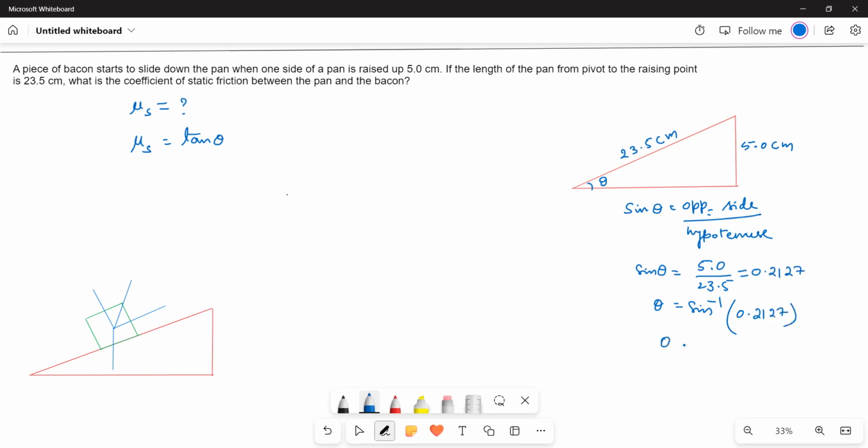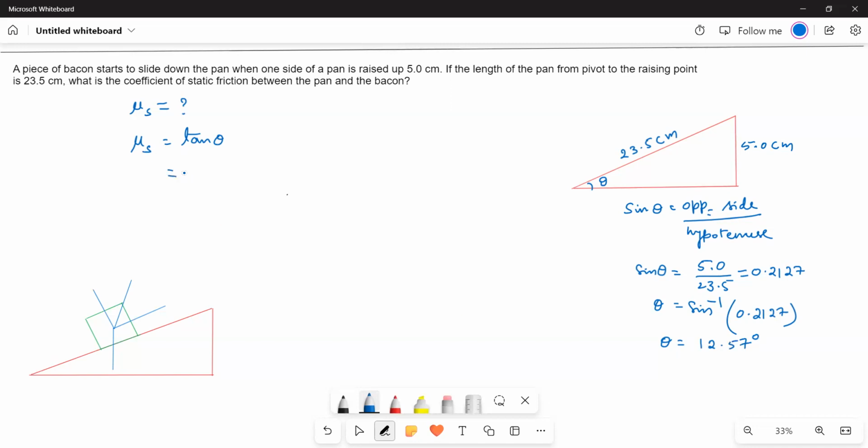So theta is equal to sine inverse of 0.2127, which gives 12.57 degrees. And then mu s is equal to tan theta.